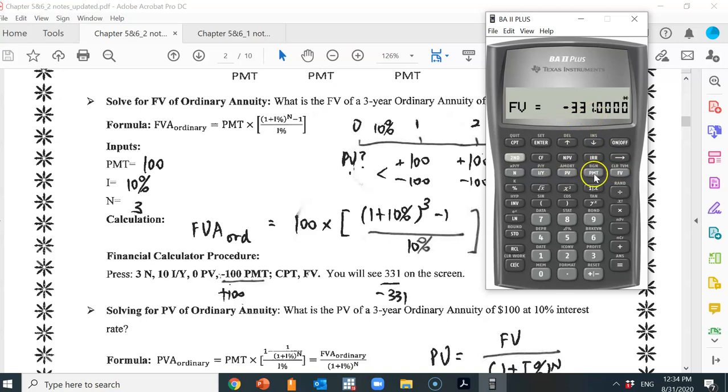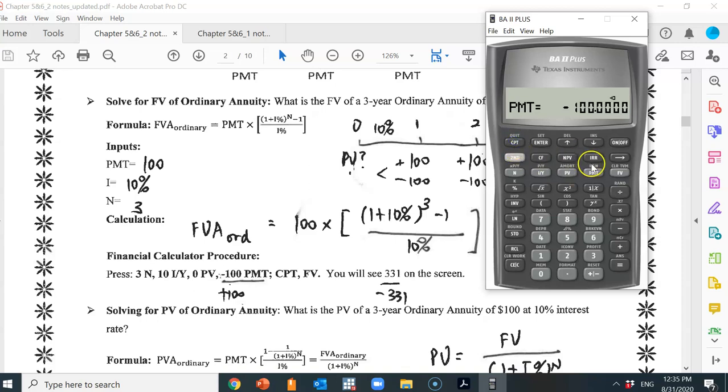It means if you have an ordinary annuity for 3 years of 100, and if it's a positive number, meaning you're getting $100 at the end of each year, then after 3 years you have to pay back 331. Alternatively, you can input payment as negative 100, which means you're depositing or paying $100 at the end of each year for 3 years.